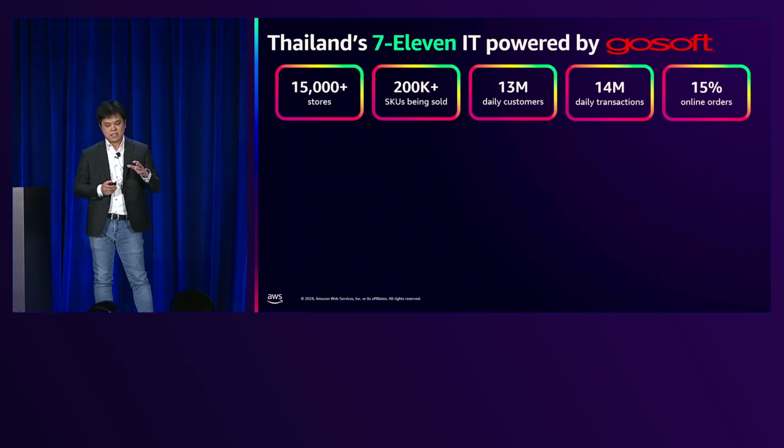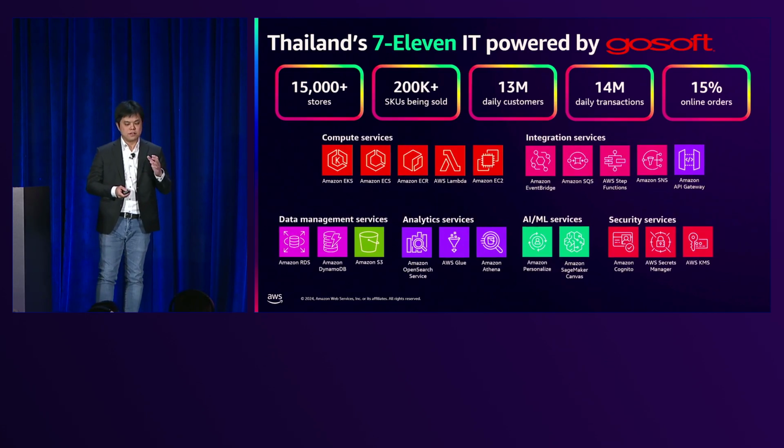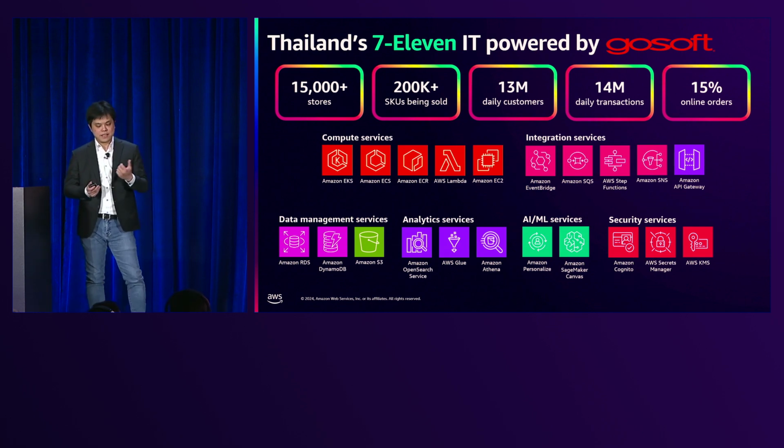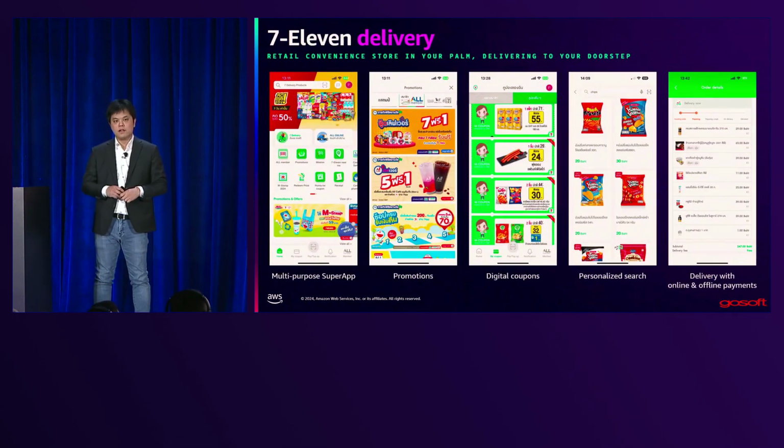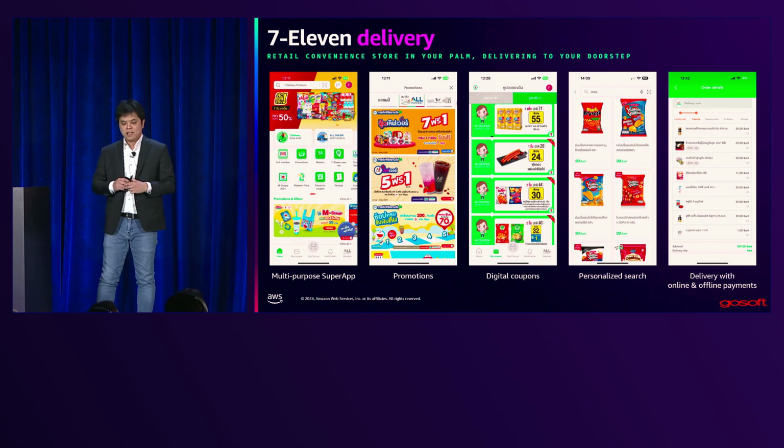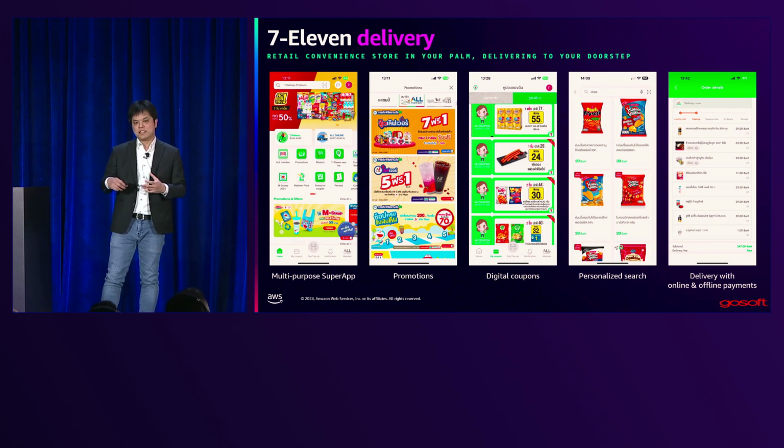And technically, this amount of workload runs on AWS. Throughout the past 4 years, we grew on AWS from the common services like EC2, S3, and RDS to the advanced services like Personalize and of course SageMaker. During the COVID pandemic, we were forced to close our stores for many days.